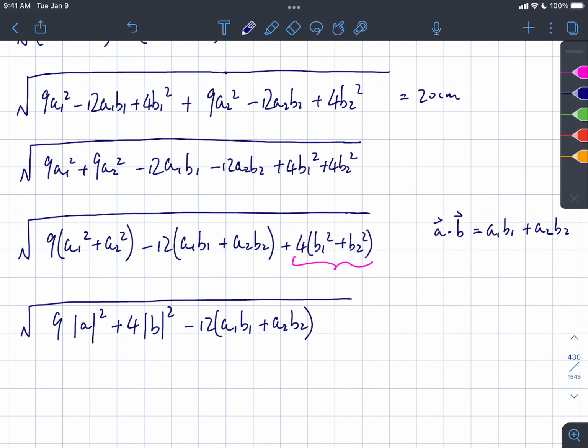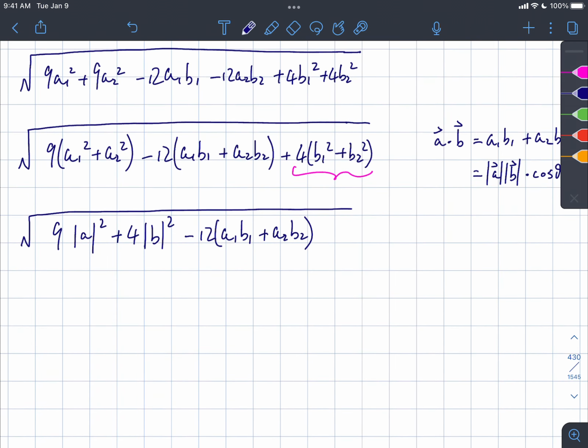But then also, don't forget that another way to calculate the dot product is that you use the magnitude of both of the vectors, and then you multiply it by the cosine of the angle in between them. Of course, theta being the angle between A and B when they're arranged from tail to tail. So that's the idea here.